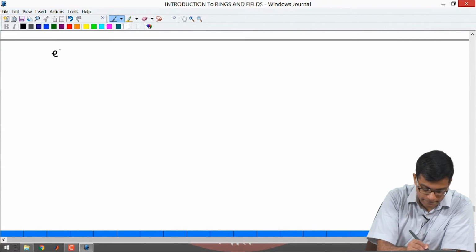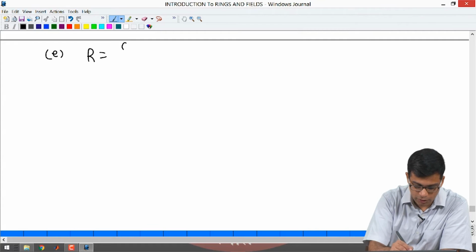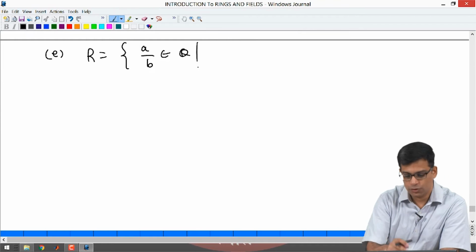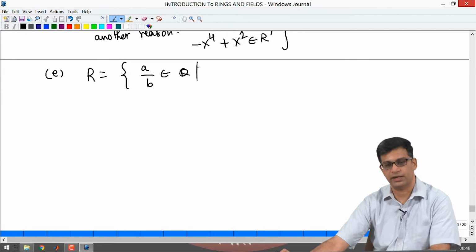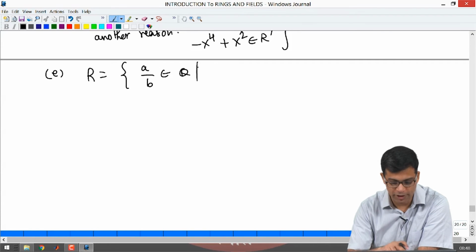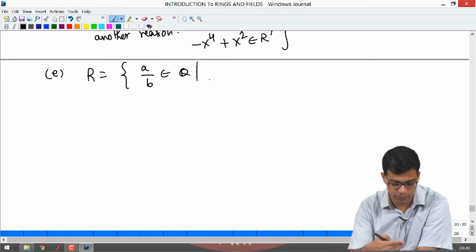So, E, let us look at the subset R consisting of rational numbers A by B, where A and B are integers and A by B is in Q. I am already implicitly assuming that A and B have no common factors. Whenever you write an element of rational numbers, you cancel all common factors.